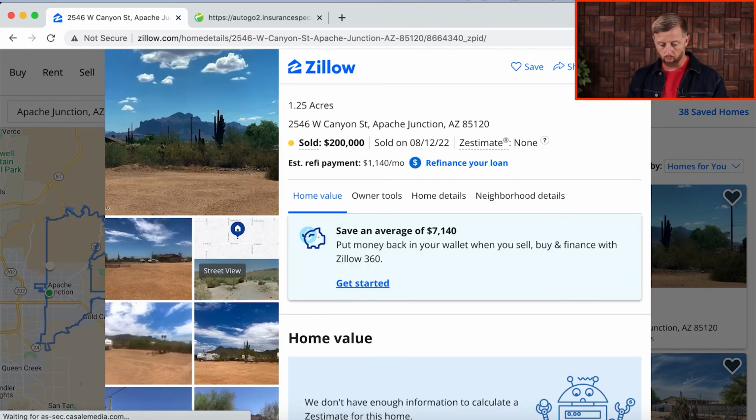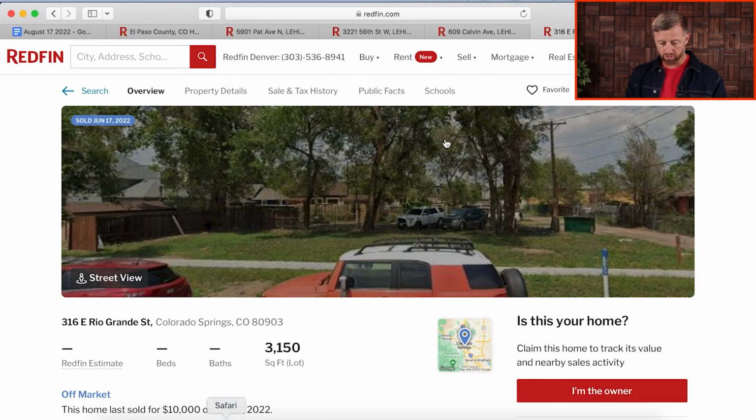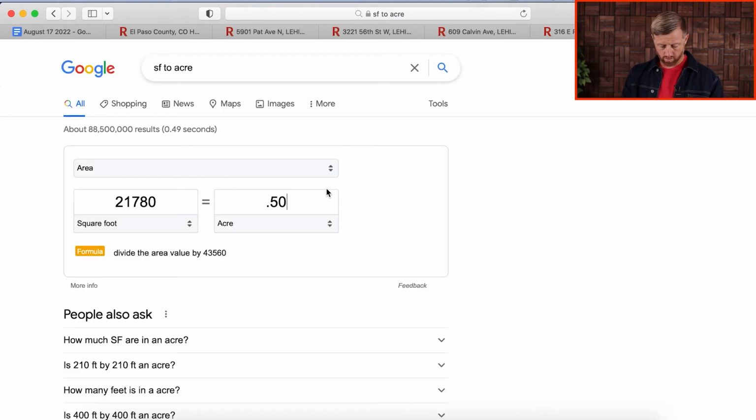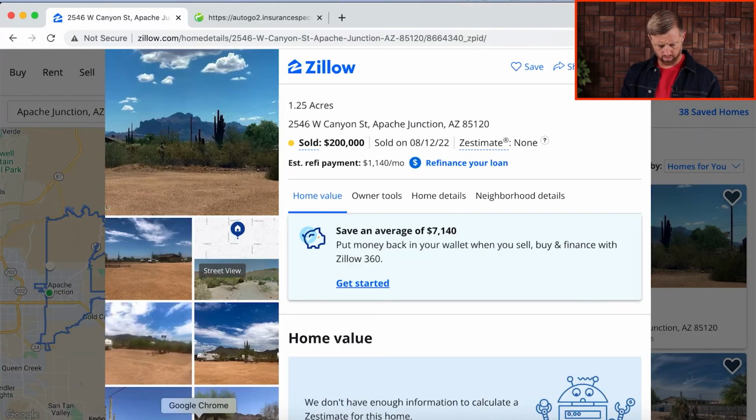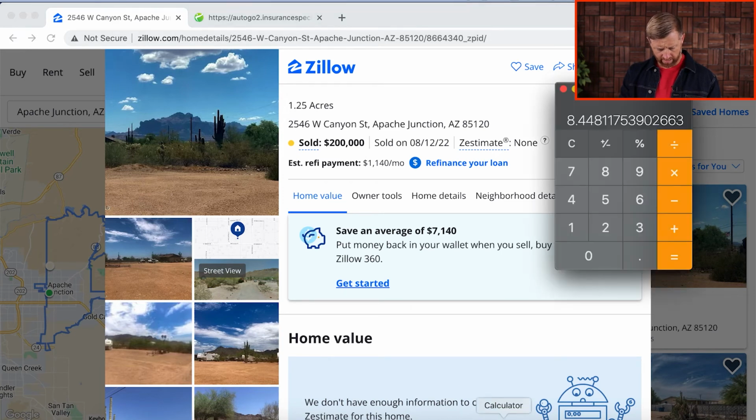I want to do the square foot conversion. 1.25 acres is 54,450 square foot. So we got 200,000 divided by 54,450. That land is selling for $3.67 a square foot on Canyon Street in Apache Junction, Arizona.